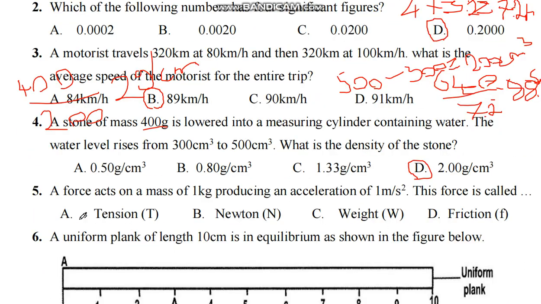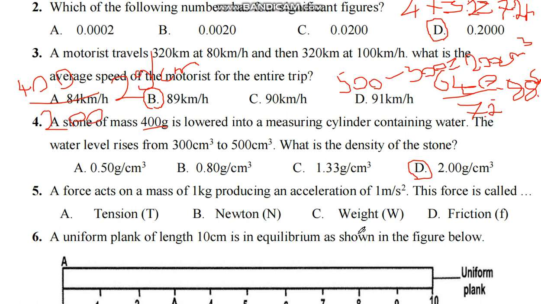Question 5. A force acts on a mass of 1 kg, producing an acceleration of 1 meter per second squared. This force is called dash. We have tension, Newton, weight, and friction. So this force is called 1 Newton. 1 Newton is defined as the force needed to accelerate 1 kilogram of mass at the rate of 1 meter per second squared.